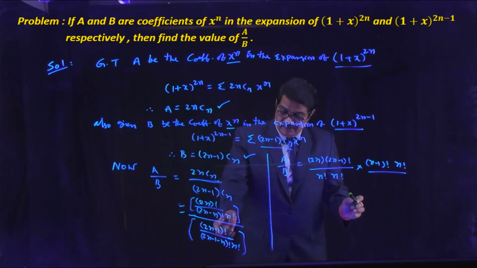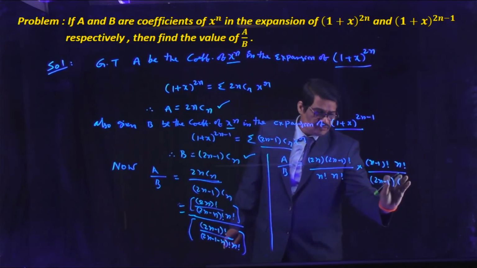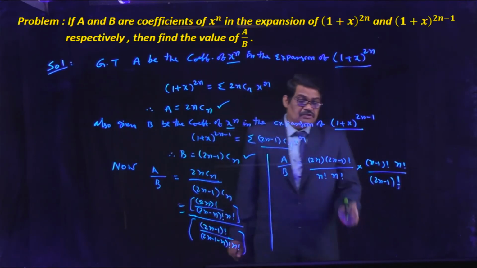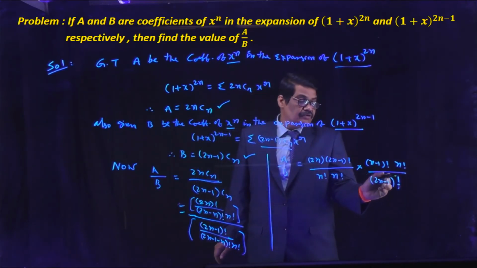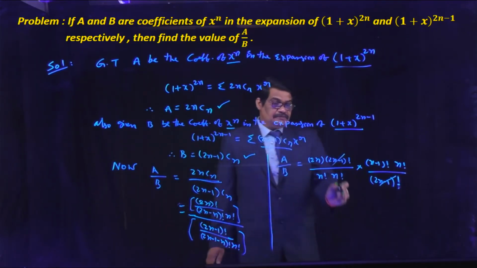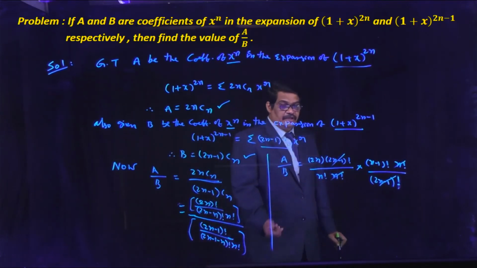This (2n minus 1) factorial cancels, and n factorial cancels.